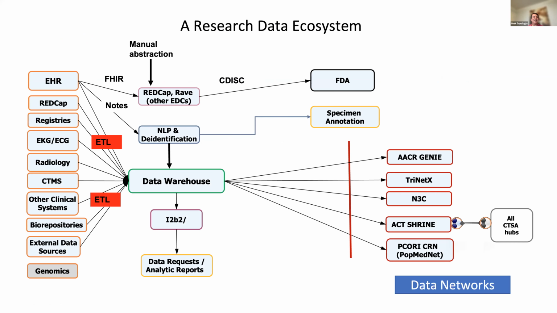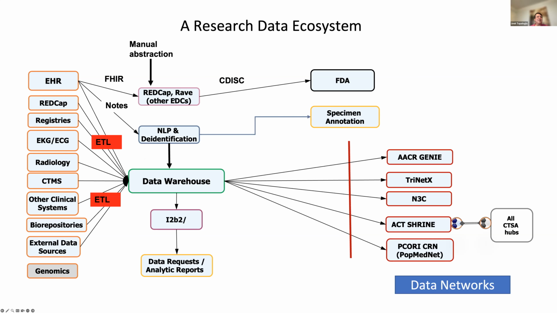We would like to start with a typical healthcare research data ecosystem. On the left side, you have a lot of data sources: EHRs, CTMS, other clinical systems, biorepositories, your genomic data stores. There are a lot of ETLs going on, in some cases multiple times, to your data warehouse. Some institutions, like my previous one, have implemented natural language processing and de-identification pipelines that parse through some of the notes.